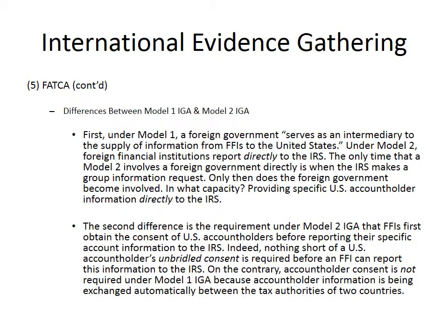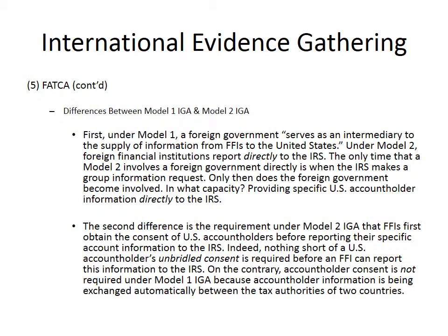Well, under Model 1, the foreign government, and this is just restating the obvious, so don't get nervous here, serves as an intermediary to the supply of information from the foreign bank to the United States. Under Model 2, the foreign financial institutions report directly to the IRS.